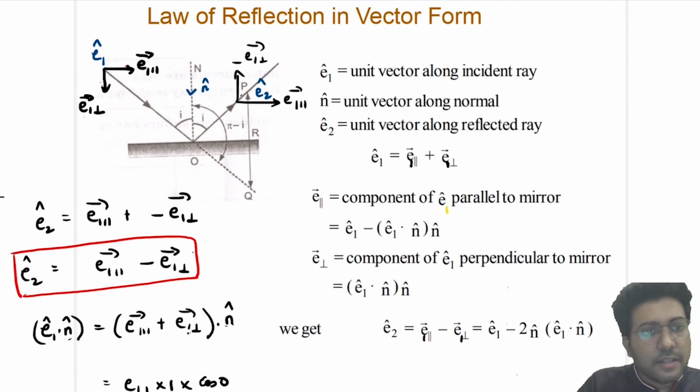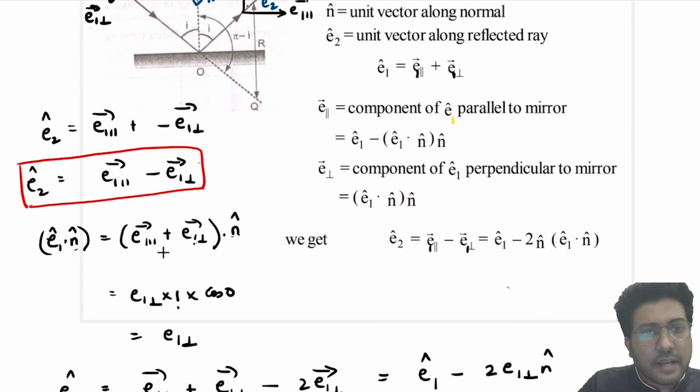So E1 parallel dot N cap is 0. Why? Because N cap is in this direction and E1 parallel is in this direction, so they are perpendicular to each other. So the dot product is 0.